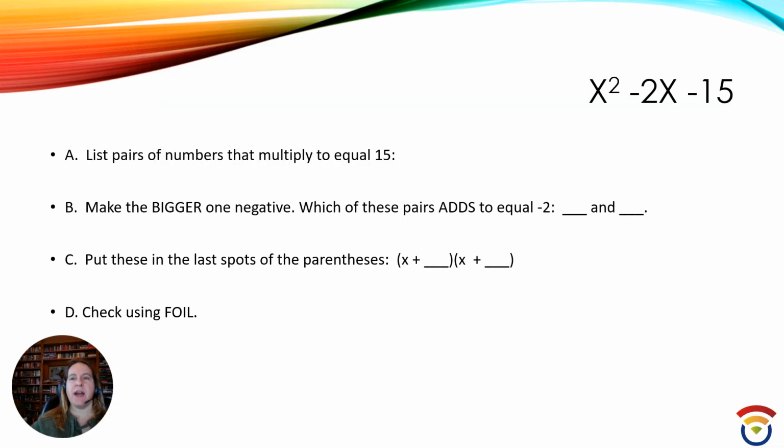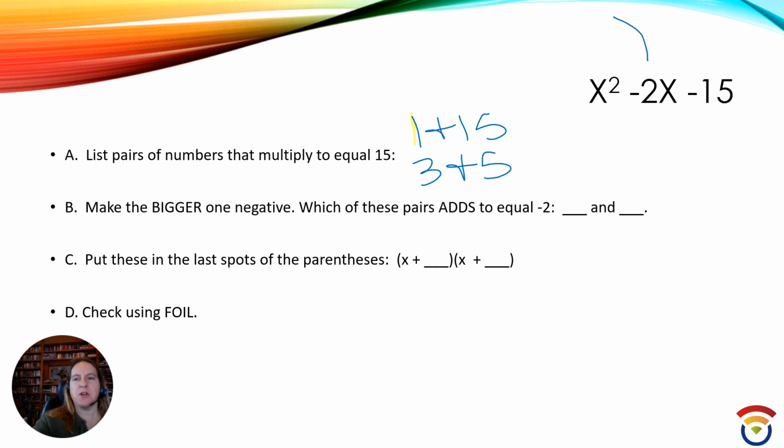Here we have x squared minus 2x minus 15. We're going to start by looking at our factors of 15. So my factors of 15: 1 and 15. 2 does not work. 3 works, 3 and 5. Those are my only factor options.